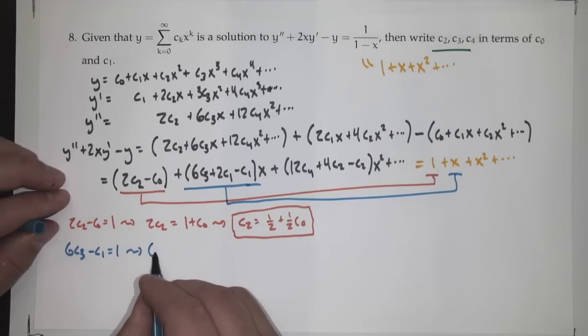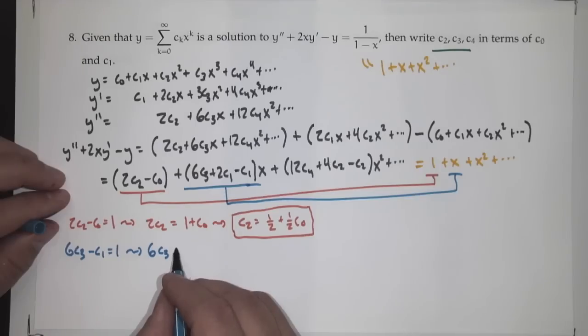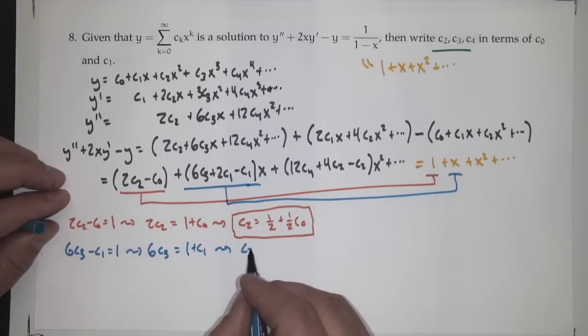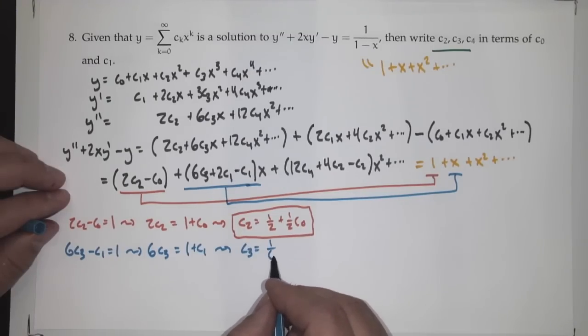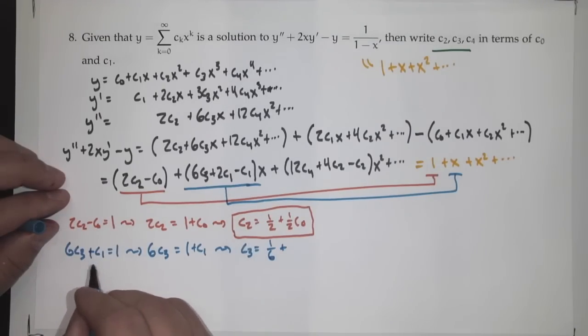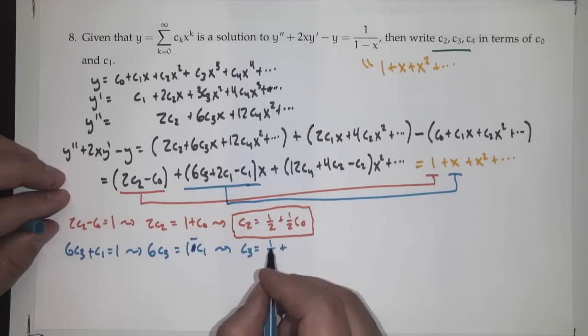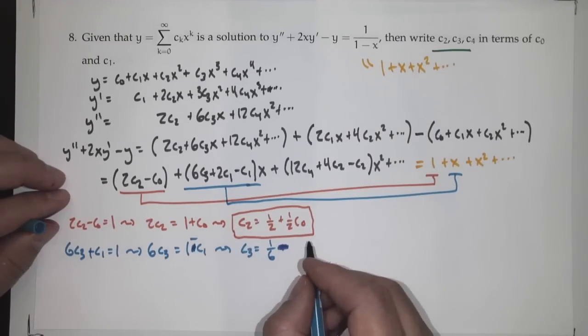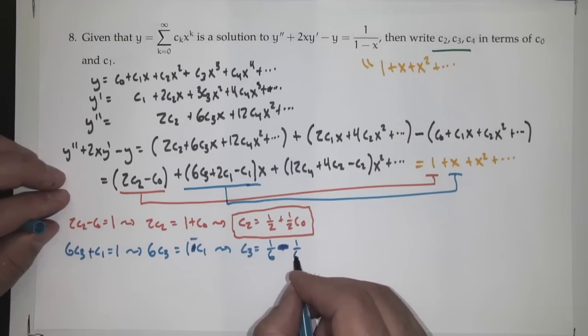Okay, 6 times c3 is 1 plus c1. So c3 is 1 over 6. Is it plus c1? It is plus c1. 1 over 6 minus, very thick minus sign, 1 over 6 c1.